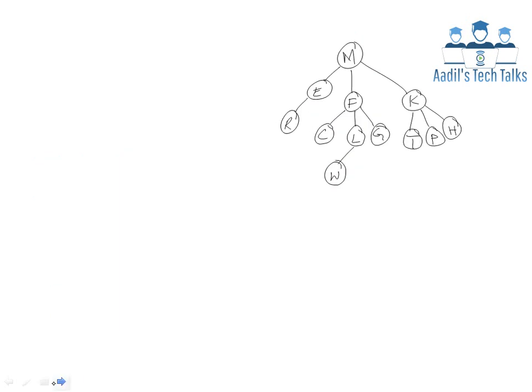Now consider here another example. The levels are 0, 1, 1, 1, 2, 2, 2, 2, 3, 3, 2, 2, 2 and then 3. First of all, level by level traversal.